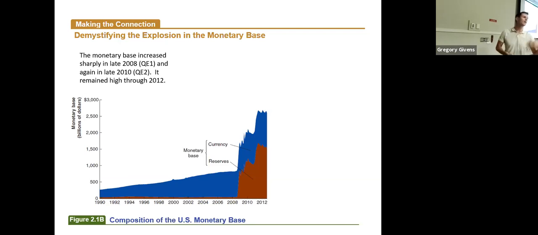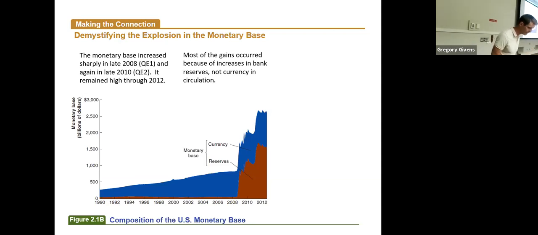There was another round of quantitative easing a few years later that once again expanded the monetary base. Now, most of these gains, as the graph illustrates, occurred because there was a big increase in bank reserves rather than currency in circulation.